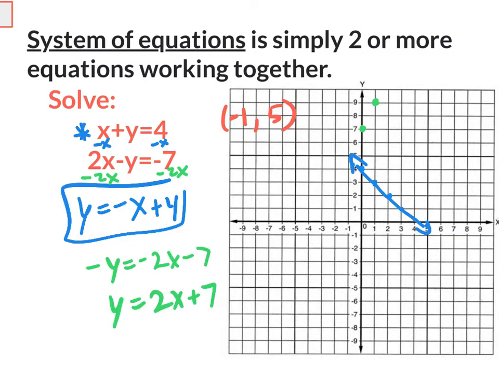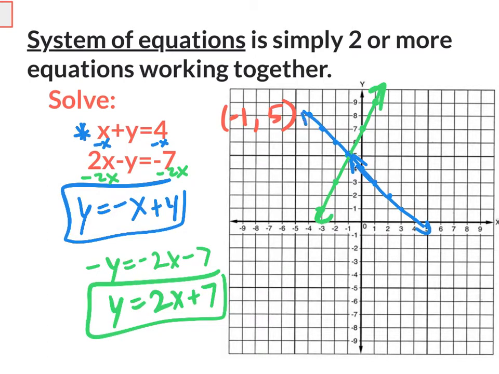Now I'd have to use the pattern backwards to extend it in the other direction. And that blue one, let's extend it as well, using the backwards pattern of up 1 over 1 in the other direction. So we have this green line that represents all the answers of my bottom equation. And I have the blue line that represents all the answers of the top equation.